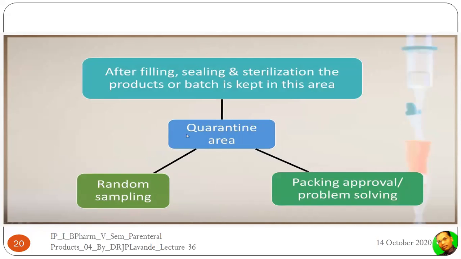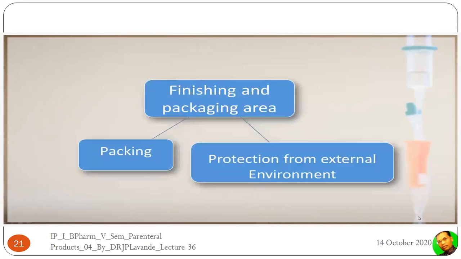The product is subjected to sampling by the quality control department, and if any problem is found, then that problem is going to be addressed by the production department. So that's why this area is also called the problem solving area. And once there is no problem, and everything is in accordance with the specification, then it will be released. The approval will be given for the final packaging and release into the market.